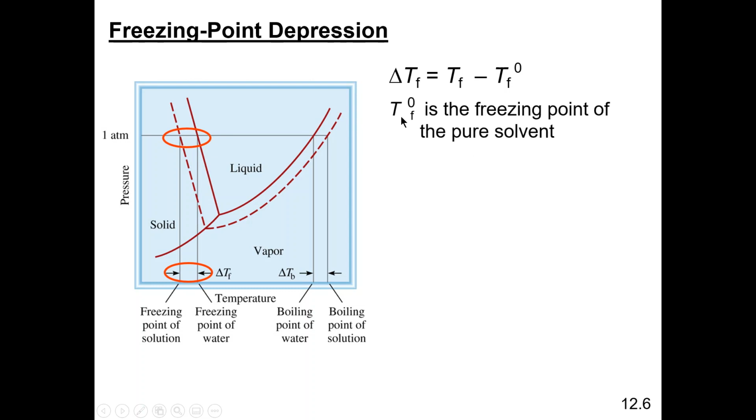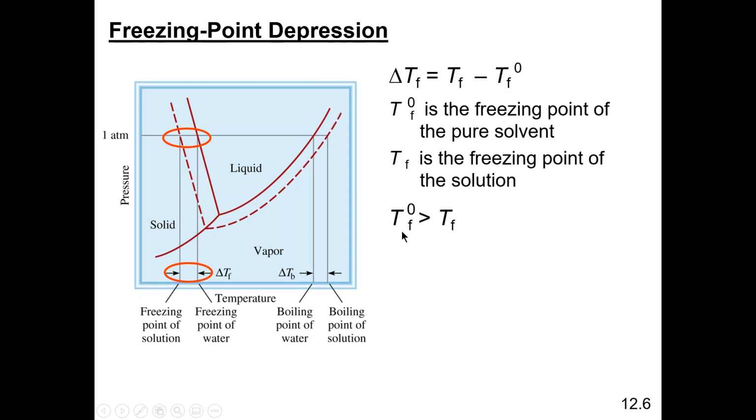So TF0 is the freezing point of the pure solvent, TF is the freezing point of the solution, and because the freezing point of the solution is less than the freezing point of the pure solvent, that means that the change in the freezing point will be negative, all right?